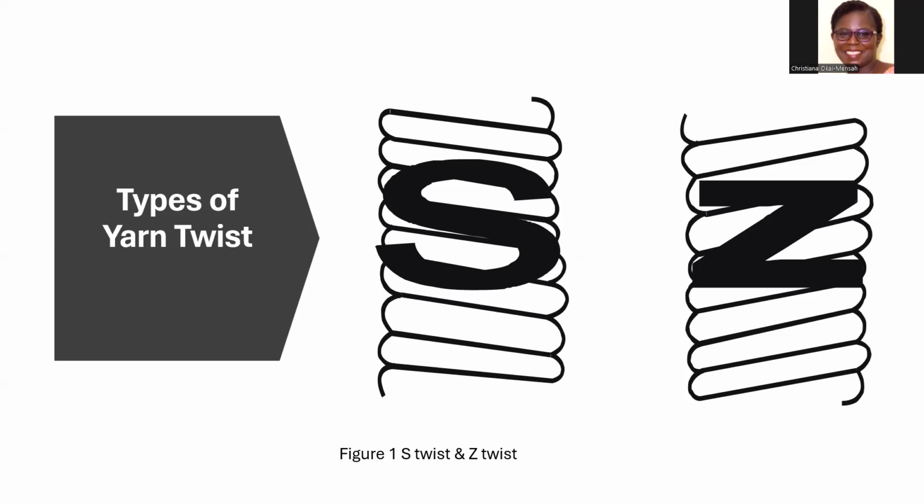The fibers spiral upwards to the right, like the middle part of the letter Z. It is common for single yarns. When we are spinning yarns, the first yarns that we spin are called singles. So mostly the Z twist is used for the first yarns that we produce, the single yarns. It has an oblique line which runs from lower left to upper right. So that is the Z twist.